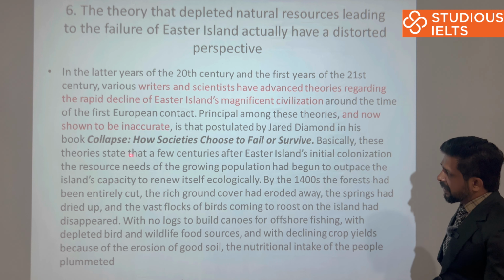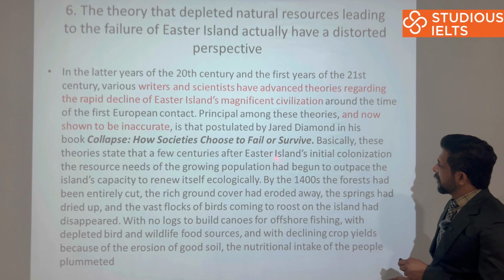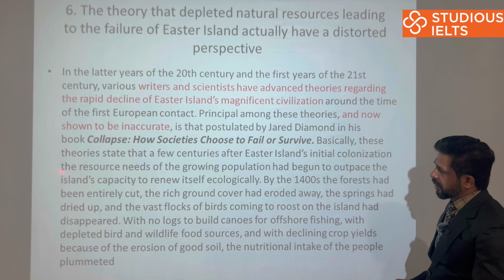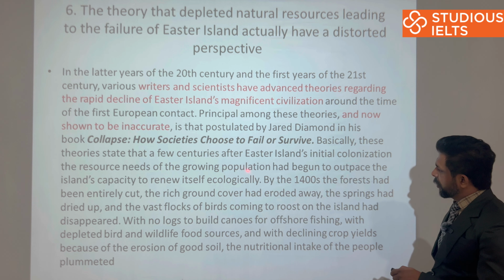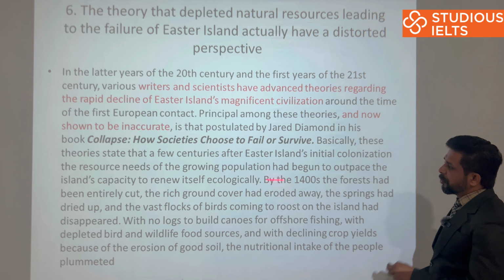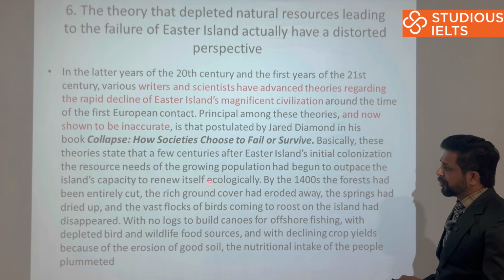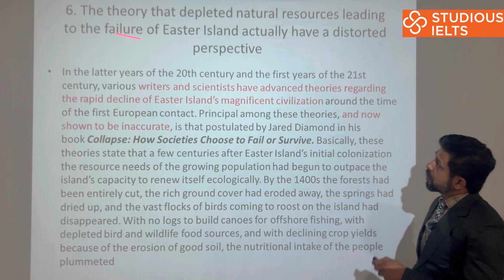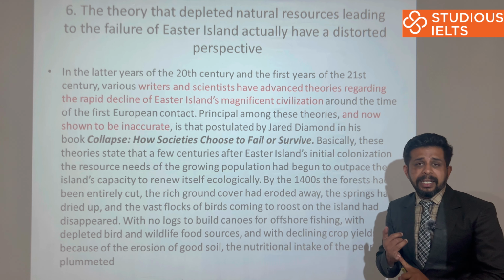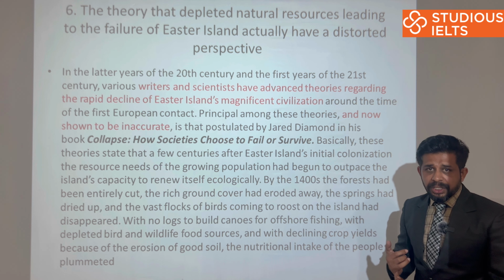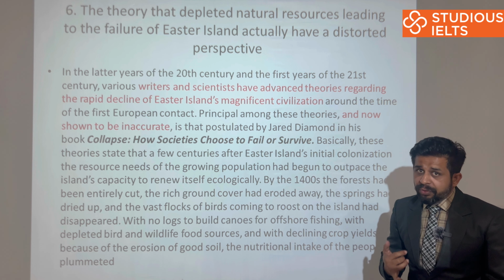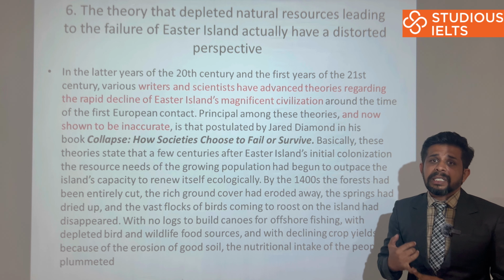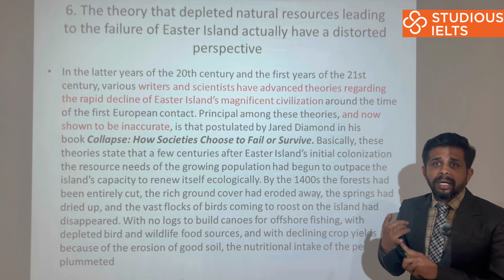Basically, these theories state that a few centuries after Easter Island's initial colonization, the resource needs of the growing population had begun to outpace the island's capacity to renew itself ecologically. Second part has also been covered. The theory explained that the depletion or the scarcity of resources led to the failure of that island.